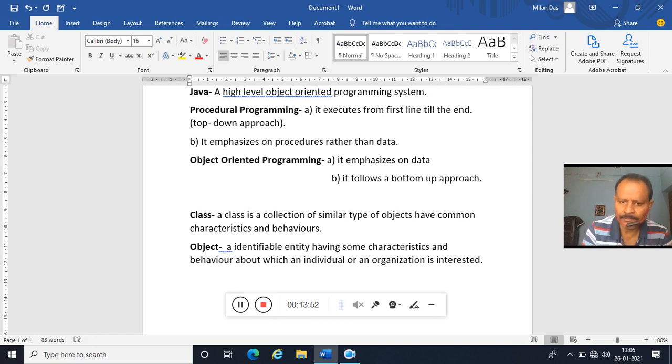Unless someone is interested in a particular object, it is not an object. Unless someone or an organization is interested, it remains a member of a particular class.